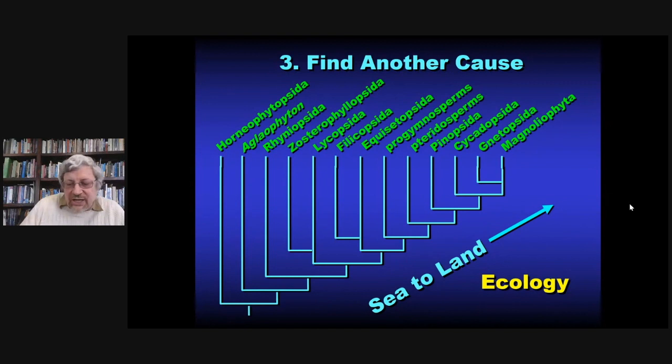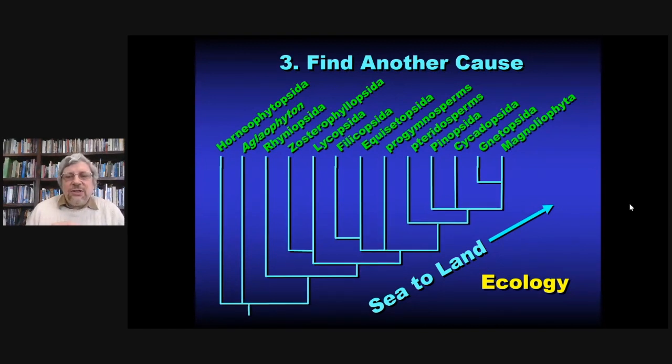So, to test that hypothesis, I went back and created another evolutionary tree, another phylogeny. I took out all of the characters, traits of the plants, that had nothing to do with living independently of water or living in dry environments. I basically looked for characters that could measure the relative position of a plant with respect to a source of water. So, for example, in some of these plants, the sperm is released and swims in the water to the egg.